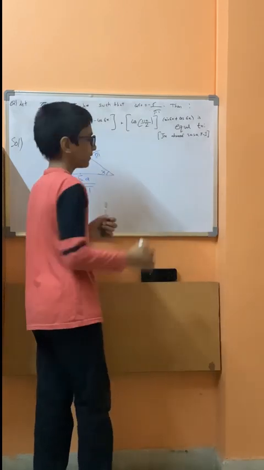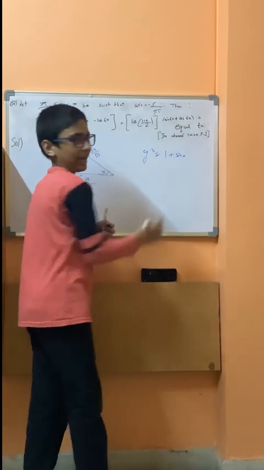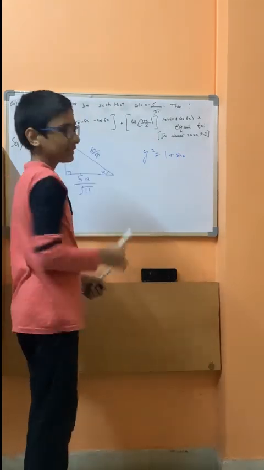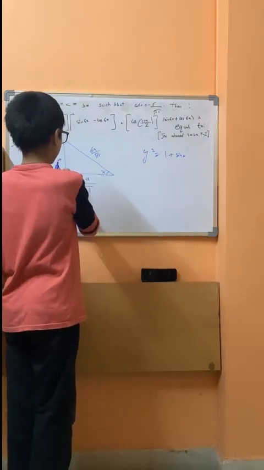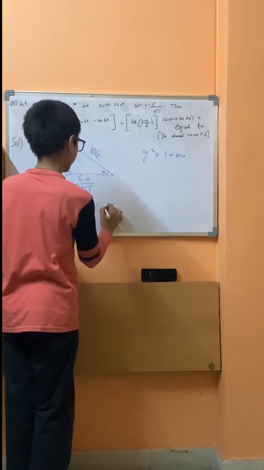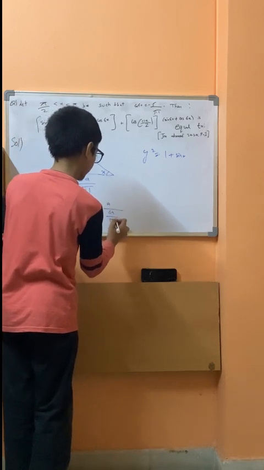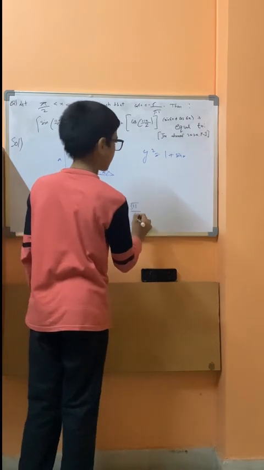Do not forget that y squared is 1 plus sin x. And as x lies in the second quadrant, sin x is positive. So it has to be by this. So sin x equal to a by 6a by square root of 11. So a will get cancelled and we are going to get square root of 11 by 6.